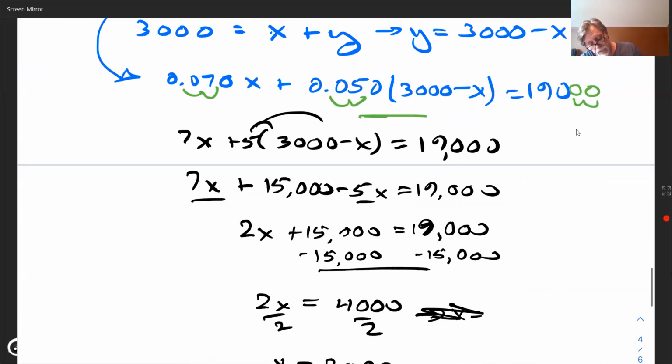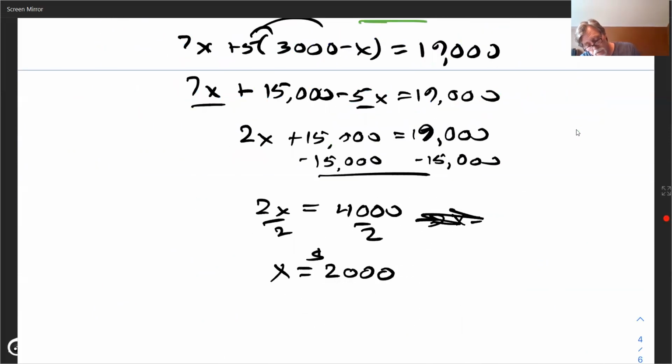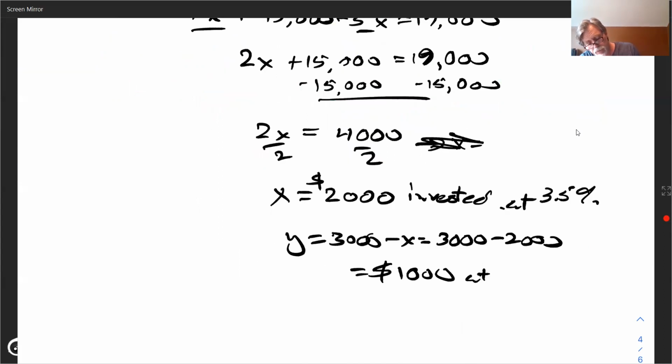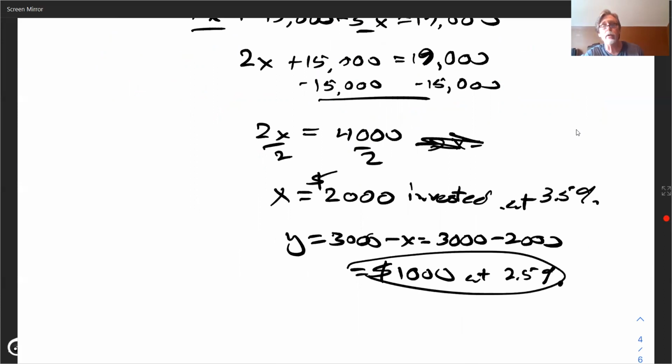X is equal to $2,000 invested at 3.5%, and Y is equal to 3,000 minus X, which is 3,000 minus 2,000, equal to 1,000 at 2.5%. So that's the answer, and that's the other answer.